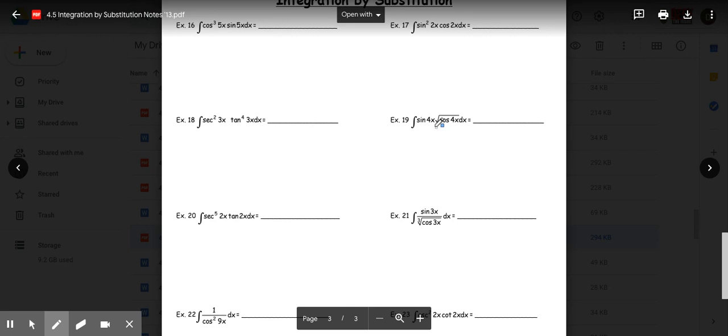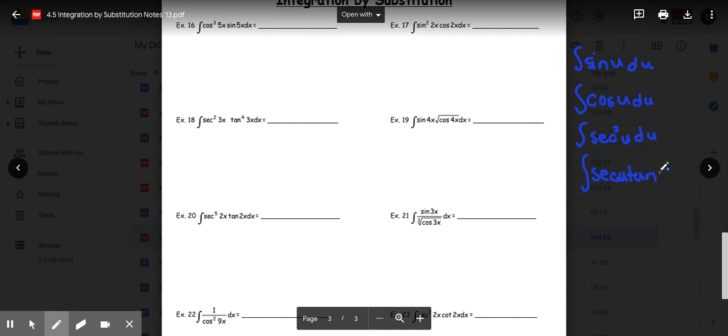Once again, if it doesn't look like the 6 trig integrals that we know, remember that's the integral of sine, the integral of cosine, the integral of secant squared. All right, these all have a du at the end. The integral of secant u tangent u.